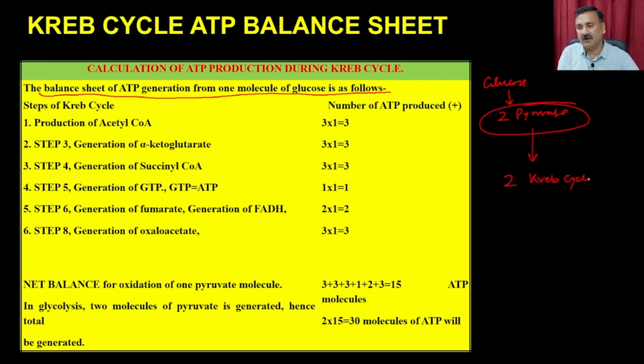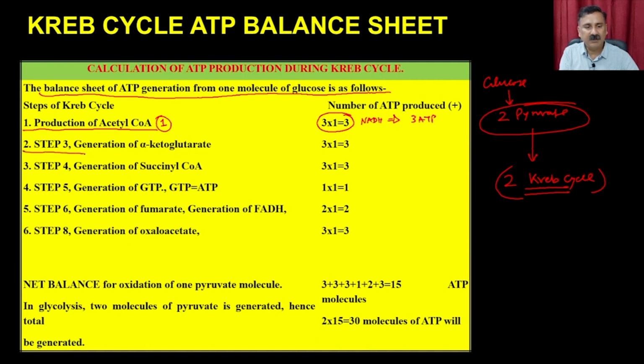This is important to remember so that you do not get confused when we multiply this number. So in step one, where you have produced the acetyl CoA, you are going to have one molecule of NADH produced, and that is actually going to give you 3 ATP molecules.